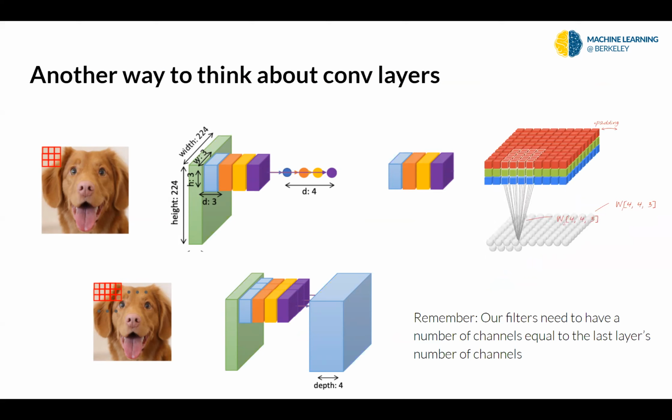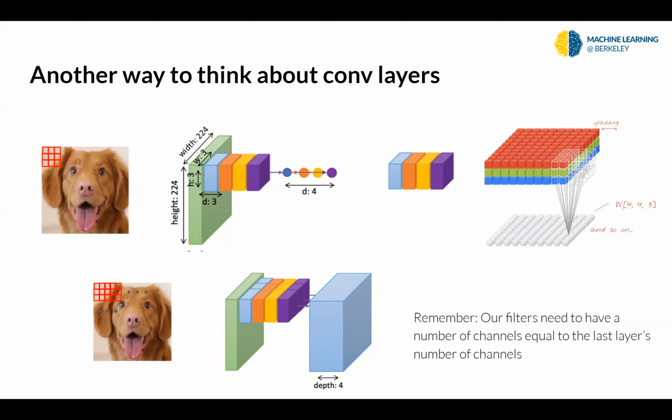Let's say the image had dimensions of 224 by 224 with three channels. We have these four filters, the blue, orange, yellow, and purple. We take each of those filters and run them over our image, and for each of them we create its own feature map. We stack them together, and our output now has depth four.